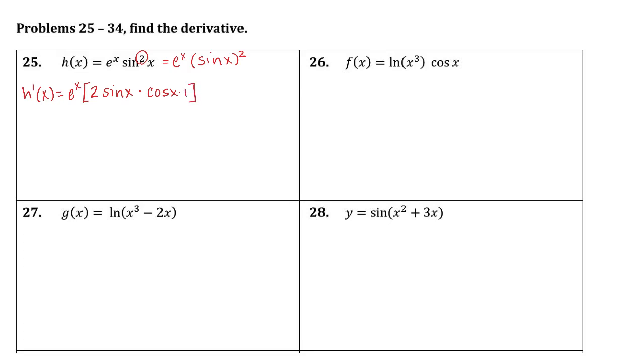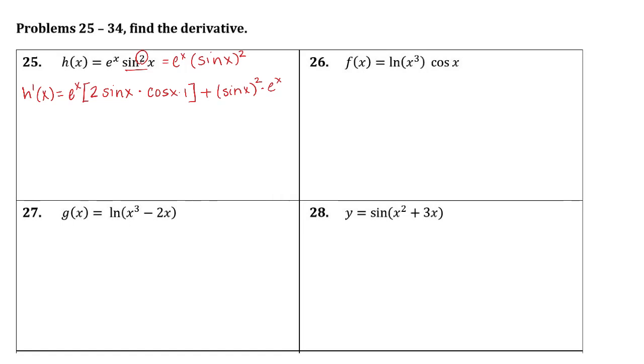So first, derivative of the second, plus the second, which you can write either way you want to. So you can write it sine x all squared if you want. So that second times the derivative of the first, and derivative of e to the x is still just e to the x.